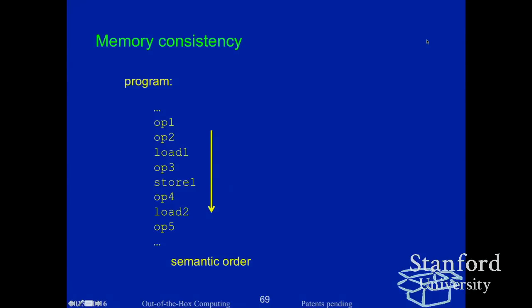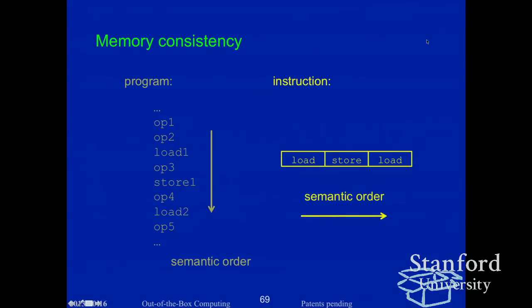The Mill is a wide issue machine, so this turns into instructions, and let us say that both loads and the store wound up being put into the same instruction, which they could be. And there is a semantic ordering in slot order for the wide issue.